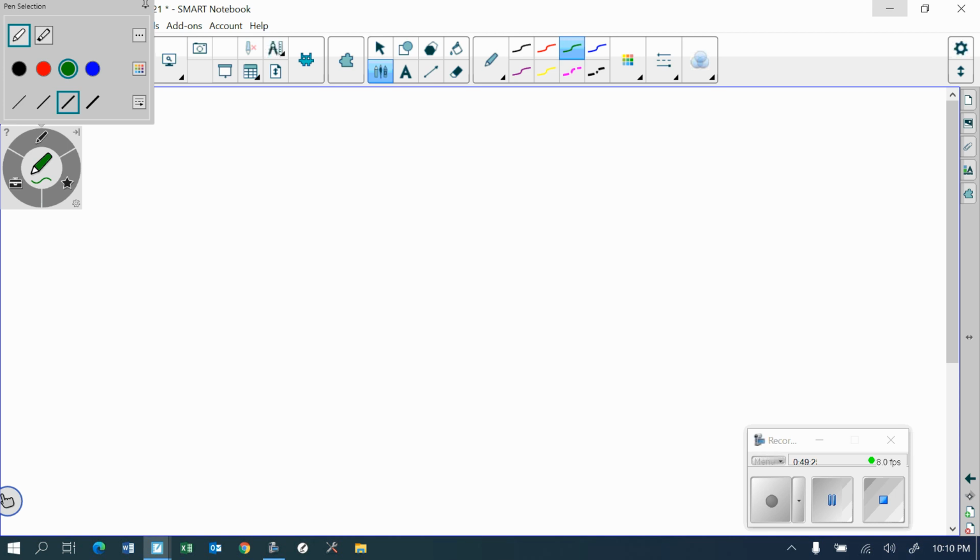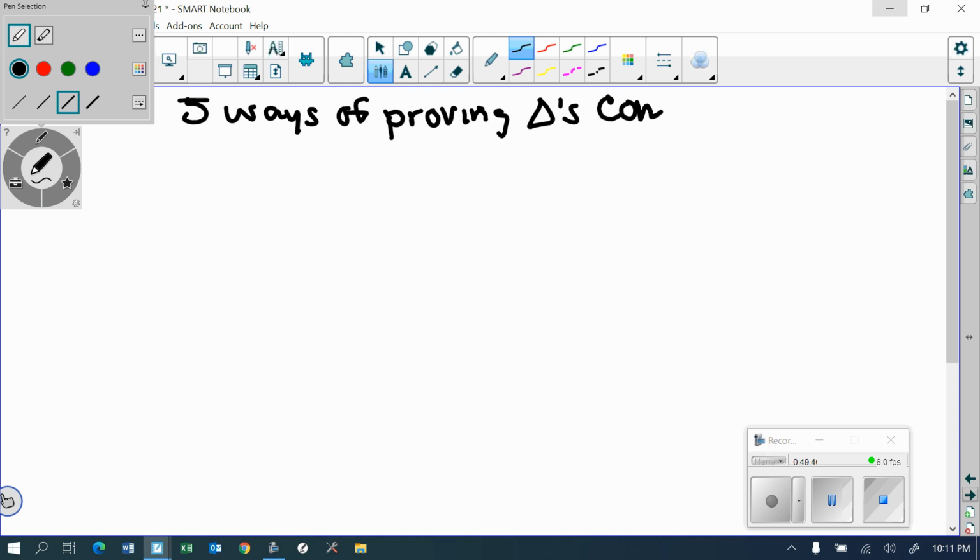Okay, so we have 5 ways of proving triangles congruent. Remember, that's the congruent symbol, an equal sign with a little similar bar above it. Okay, 5 ways.